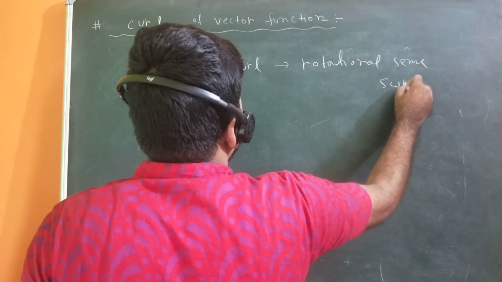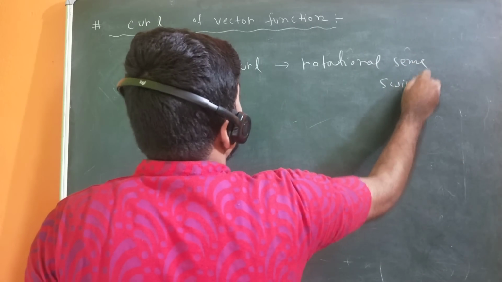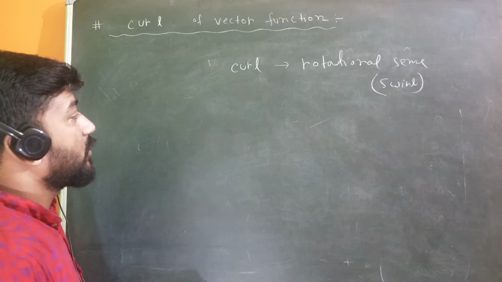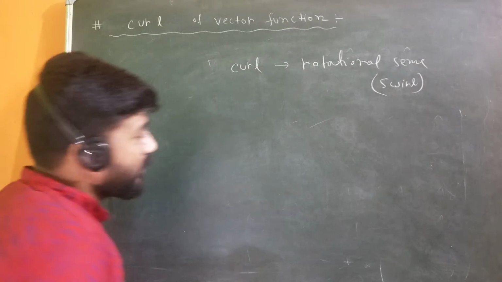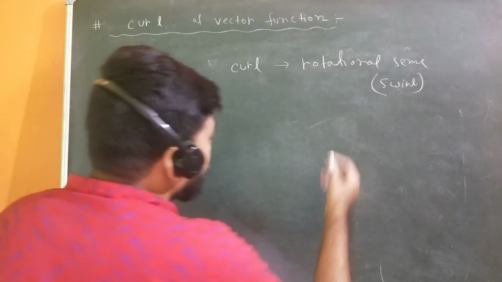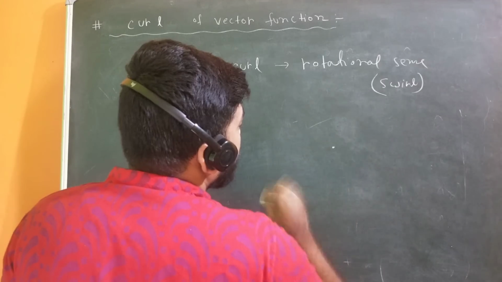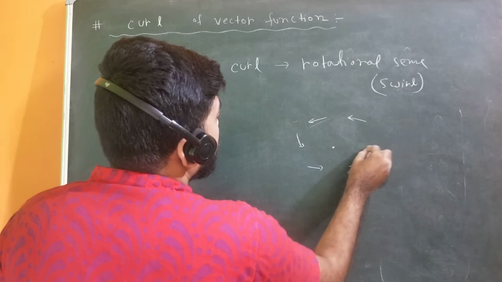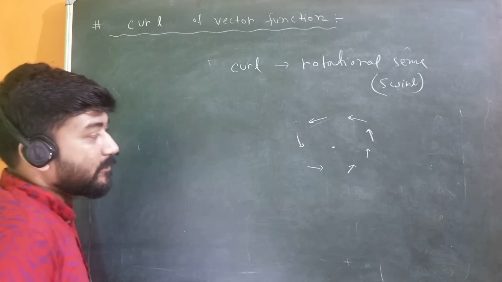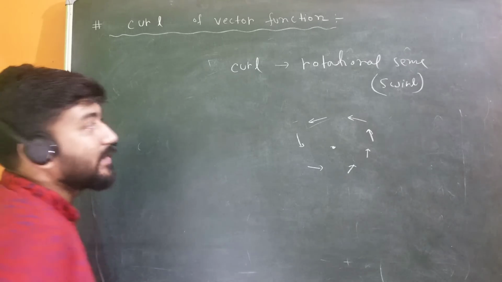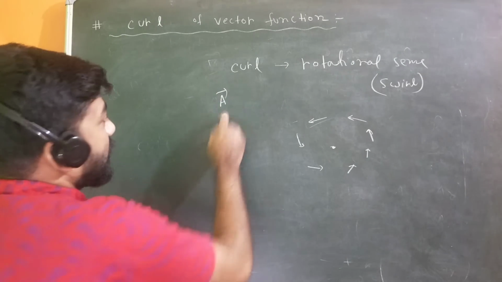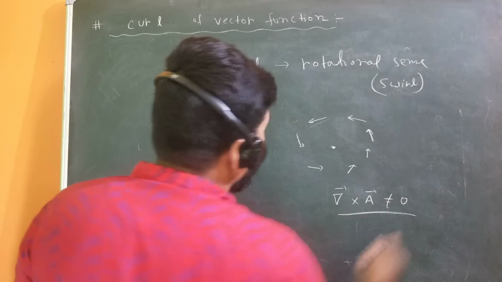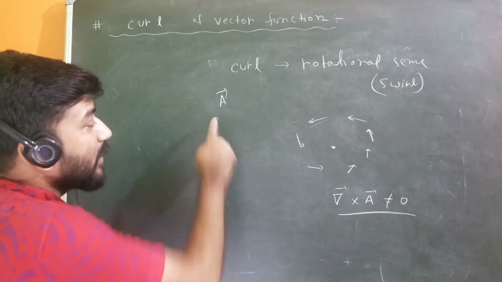So the field is rotating about some point. Suppose the field lines are something like this, about a particular point. If something is rotating about a particular point, then you can say that the vector A has a rotational sense, which means there is a curl, and curl A will not be equal to 0.